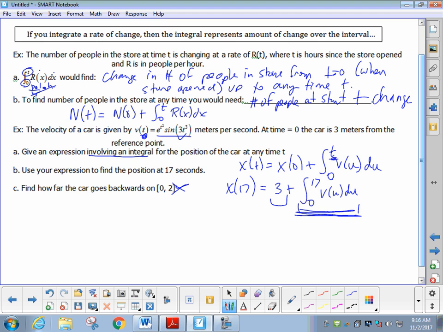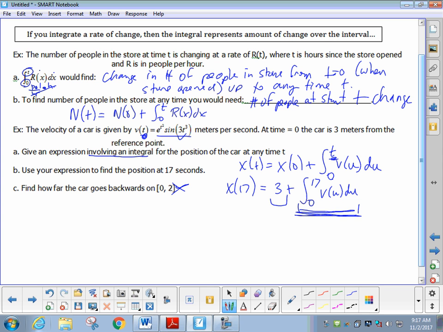I know it's velocity. How do I find distance or change in position? Let's start with one of the two. Calculus is 2 ideas. Derivative or integral. Which one? Integral. You're going to integrate velocity to get change in position, right?